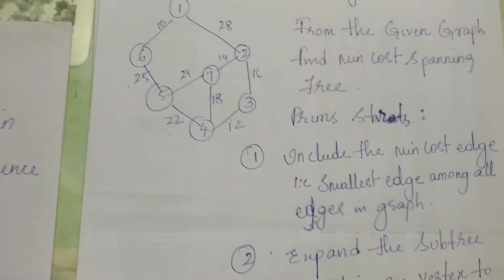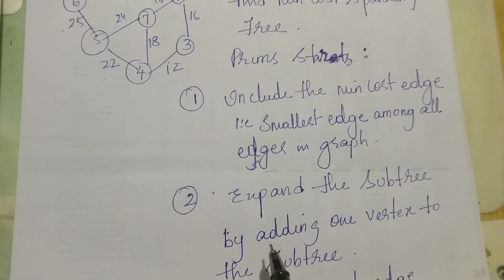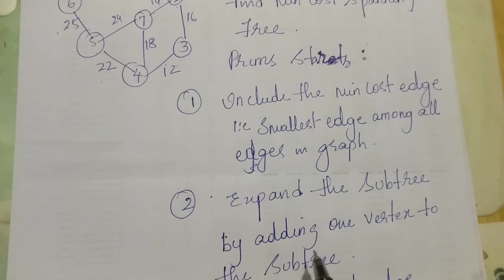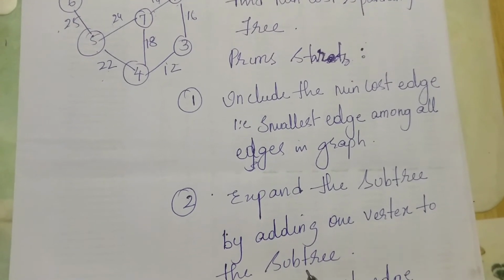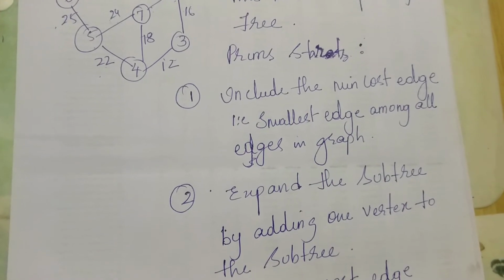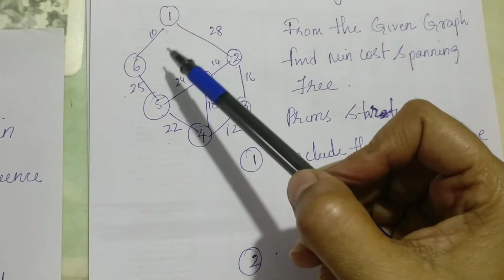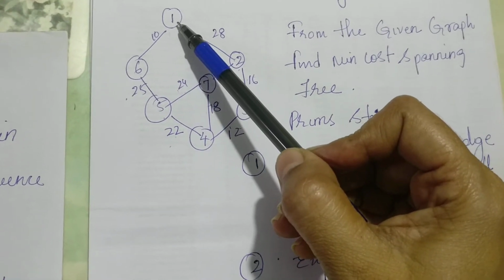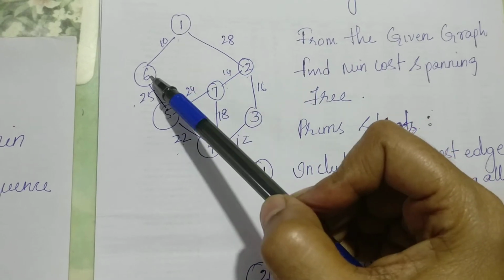Next, I have to expand the subtree by adding one vertex to the subtree, or one edge. Select the minimum cost edge. Here I have to keep in mind that I already have a subtree 1 to 6.